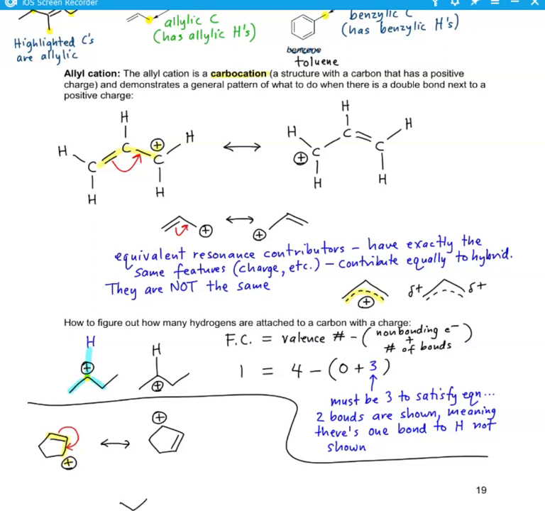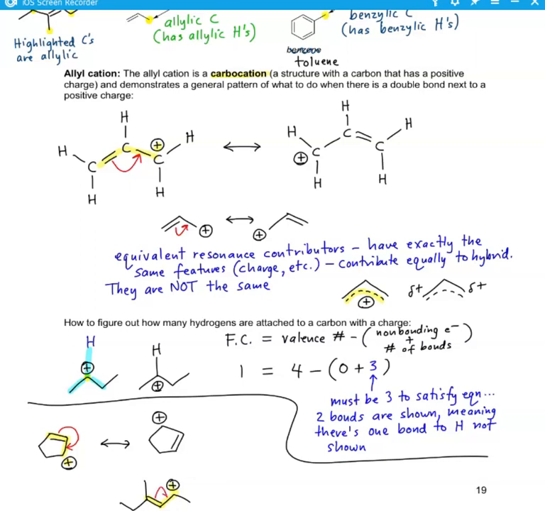Let's do another one of these. So again, you have a more complicated structure, but you are looking for the pattern. The pattern is this one, a double bond next to an atom with a positive charge.